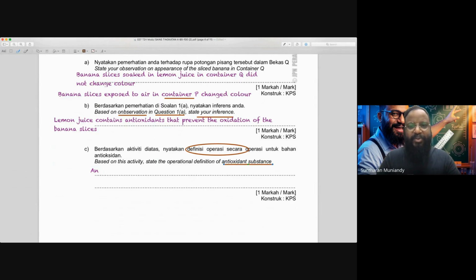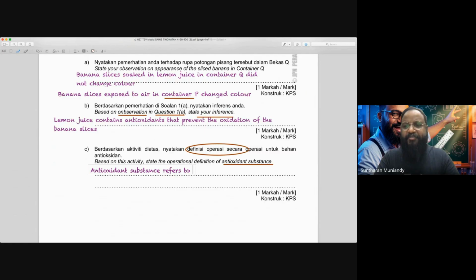So there you go. In Bahasa Melayu, bahan antioxidant. So I write it in English, antioxidant substance is, or I can write refers to.